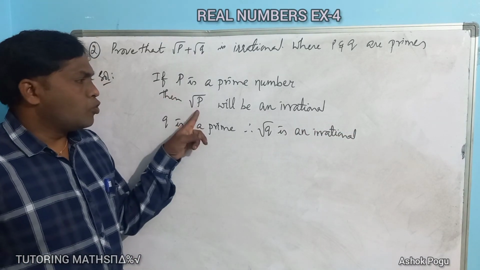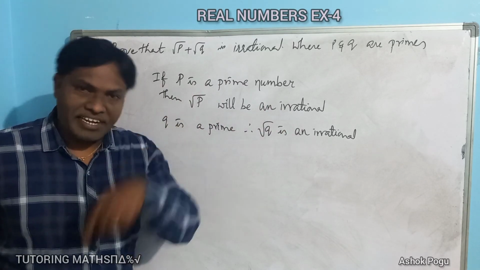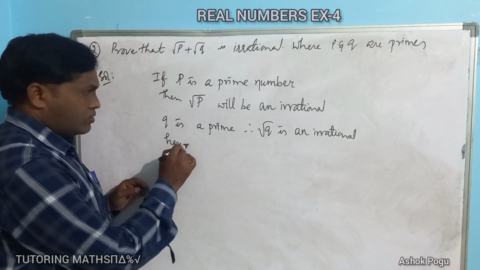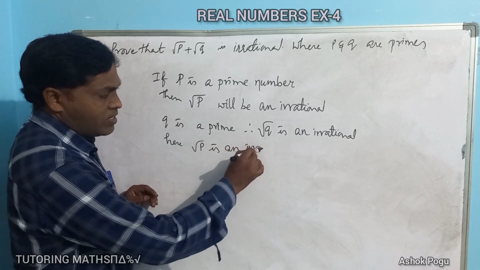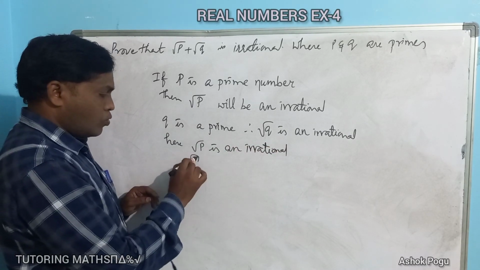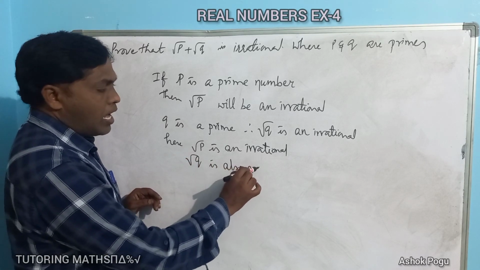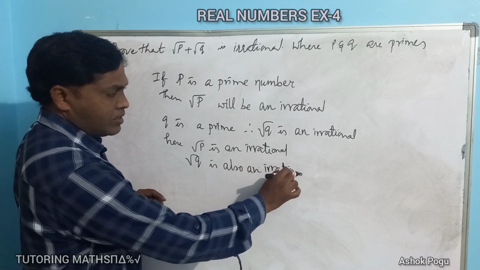Root p is an irrational number, root q also is an irrational number, isn't it?